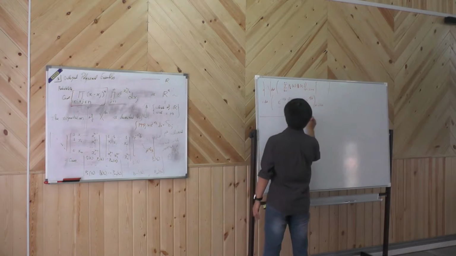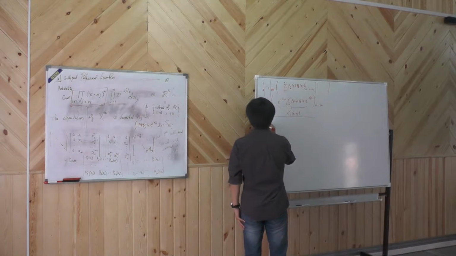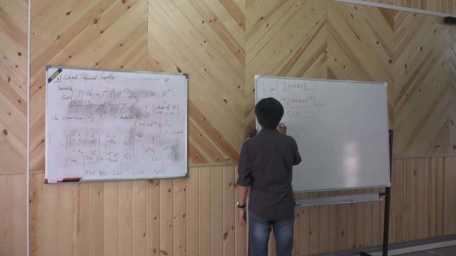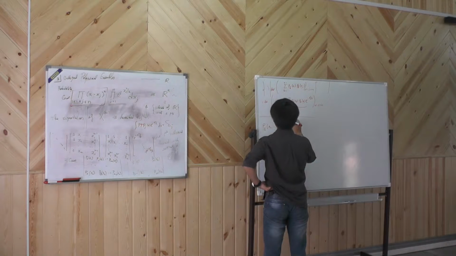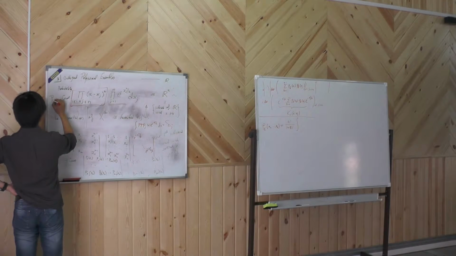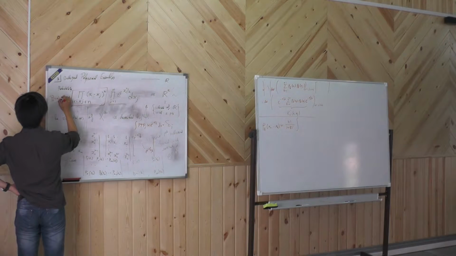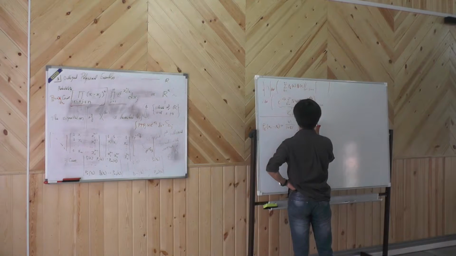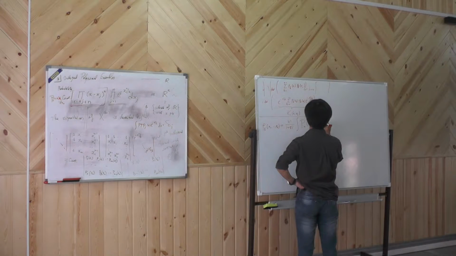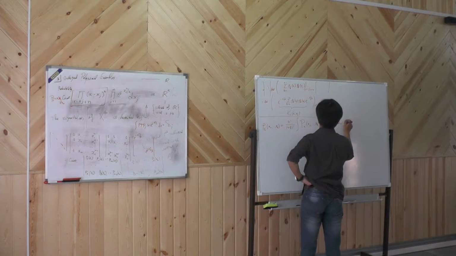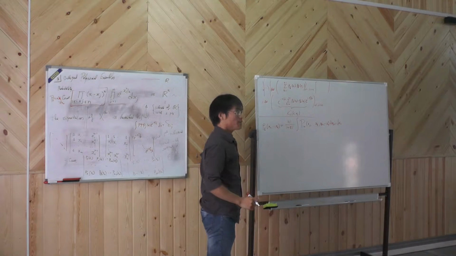So in fact, the k-th correlation function can be calculated in the following way. It is n factorial over (n minus k) factorial times the integral of this probability Pn(x1, ..., xn) dx1 ... dxn, which is the integral of Pn(x1, ..., xk, xk+1, ..., xn) dxk+1 ... dxn.